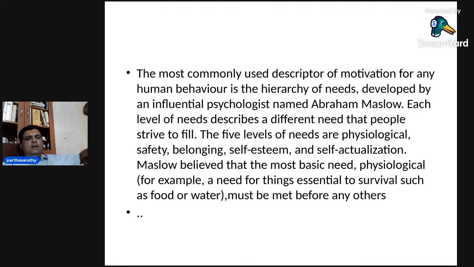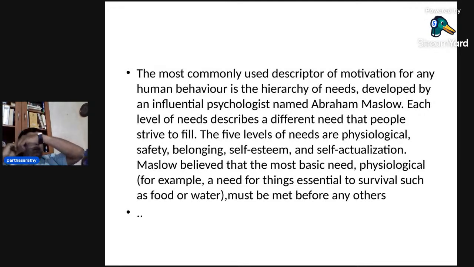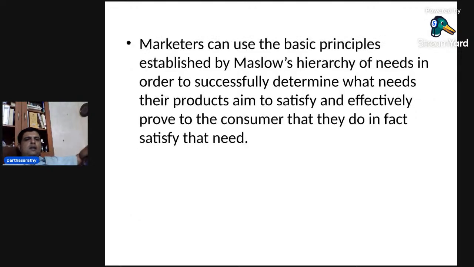For example, things essential to survive, such as food or water, must be met before any other. That is why this theory is called the need hierarchy theory. Hierarchy means it has to follow certain steps.